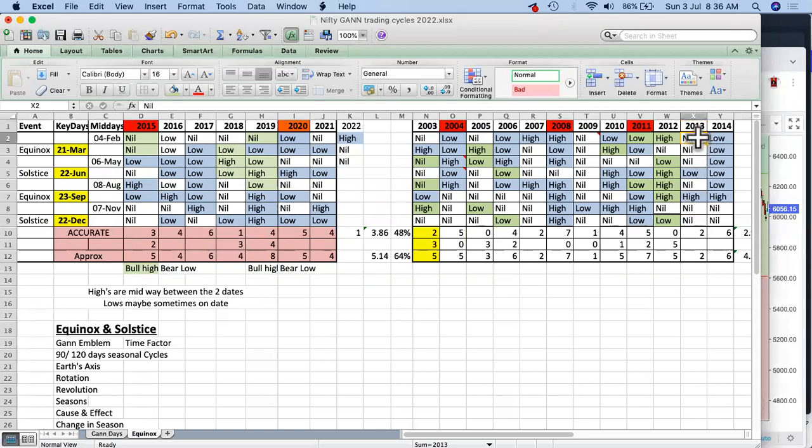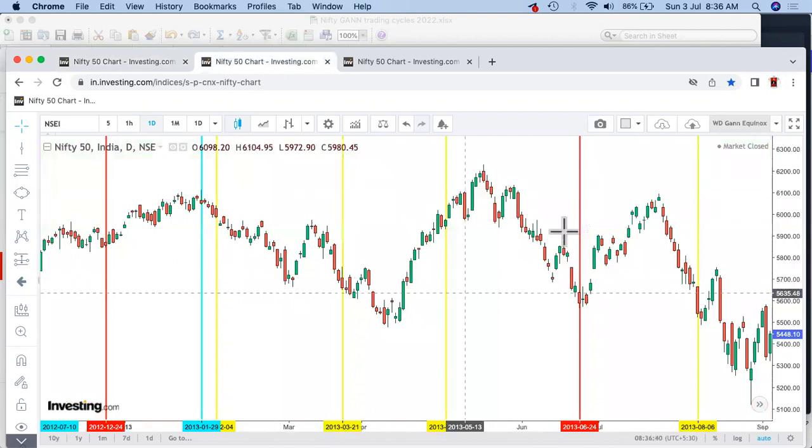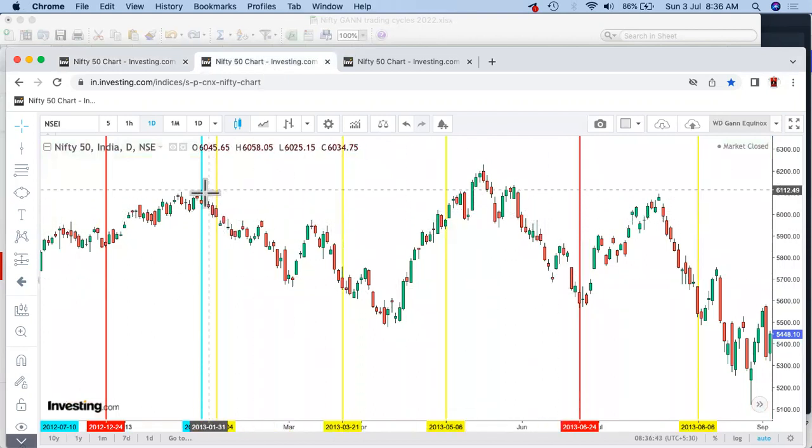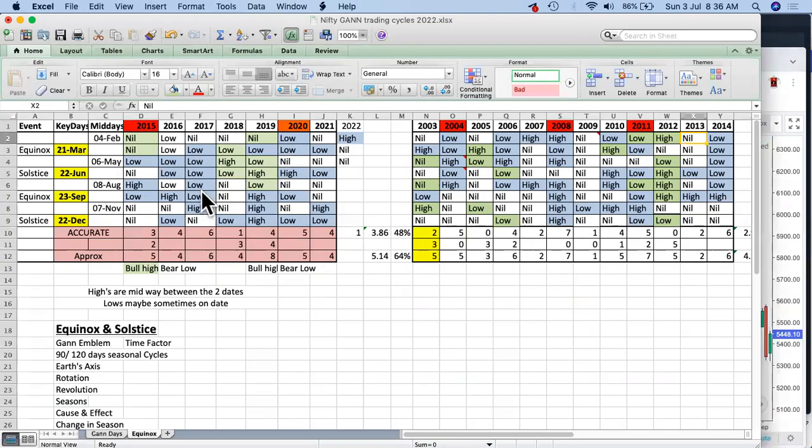So 2013 will mark as a high. This is not an accurate high. There are some adjustments. So we'll go to the adjustment high, right? Probably plus minus, we'll do it at the end of the calendar year.